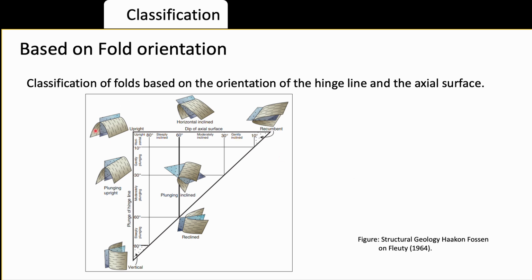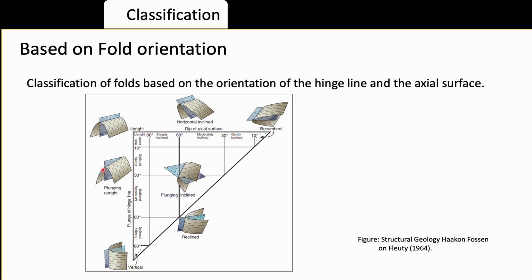First we have an upright fold. These folds have a vertical axial surface with zero plunge, and then we have the plunging upright fold. Similar to the upright fold, but here the hinge line is plunged into the ground.